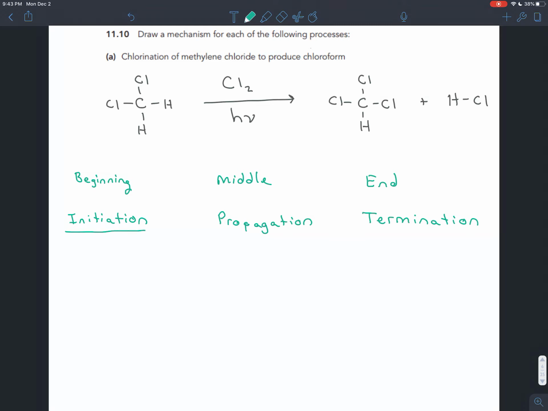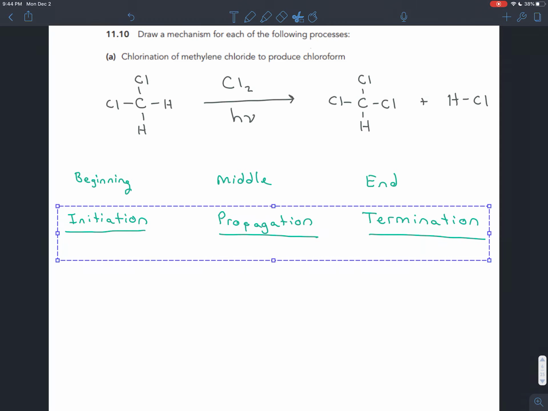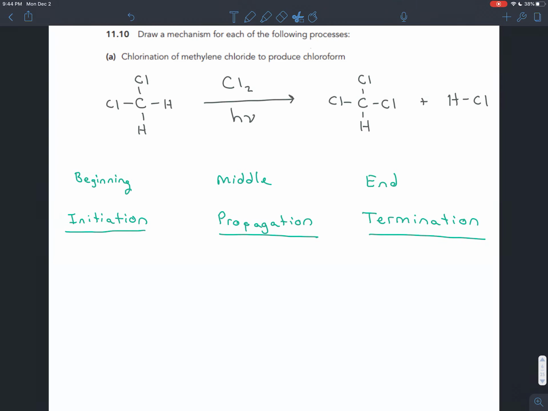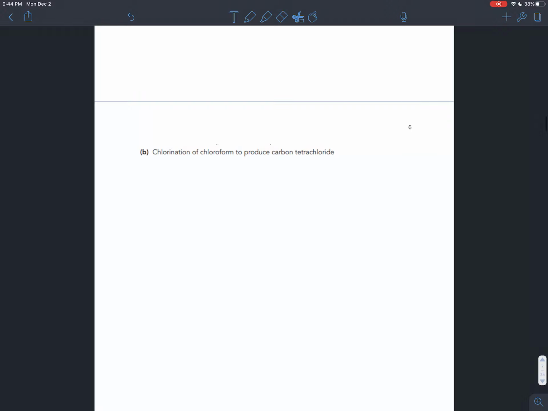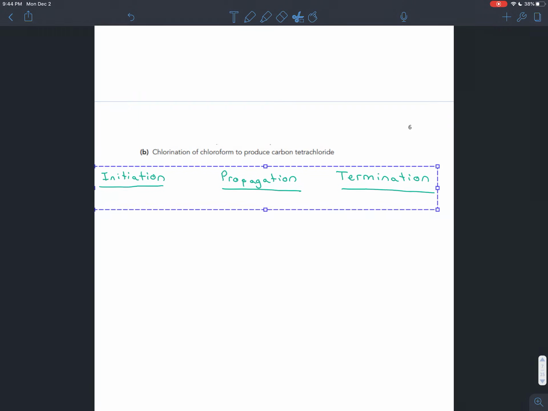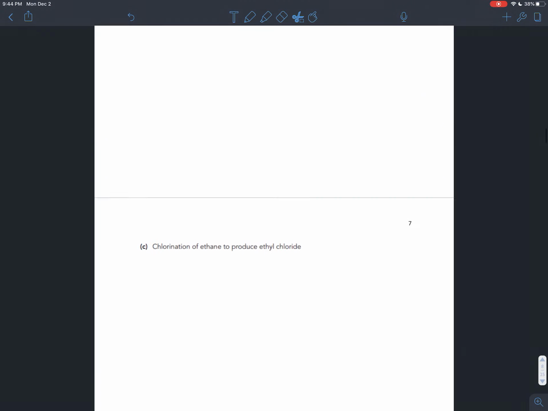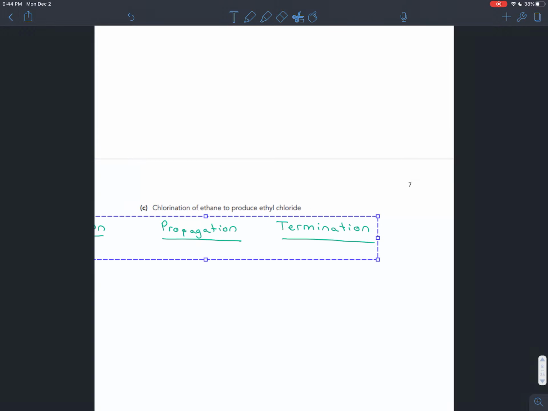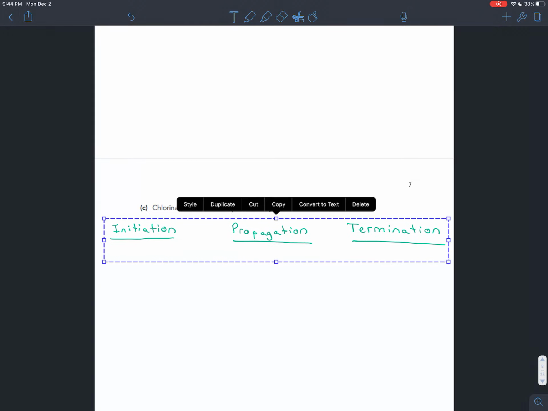So we're going to have these three steps in all of the mechanisms in exercise 11.10. To emphasize that point, I'm going to put that general outline beneath each of these exercises, so that when we get to them, we have that framework to work with.